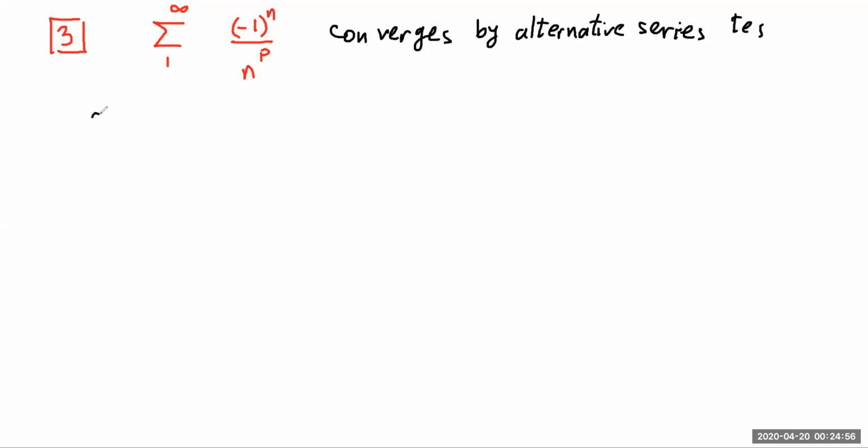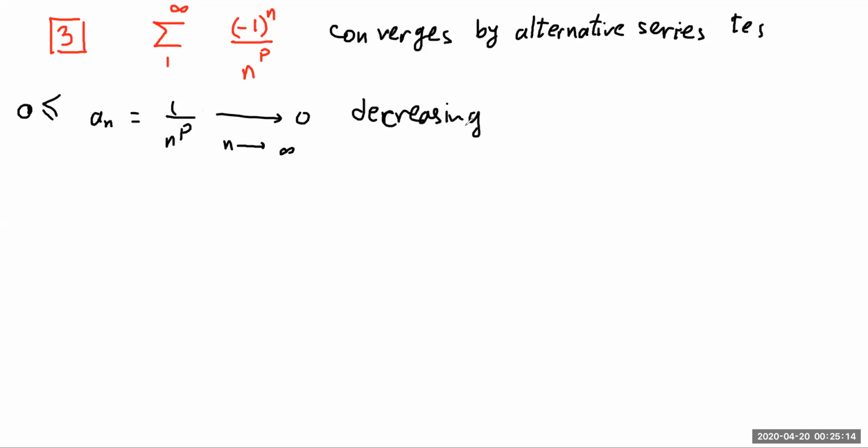Because if I suppose a_n is 1 over n to the power b, this term always approaches 0, it's positive when n goes to infinity, and it's decreasing. So all the conditions are satisfied. So this series converges by the alternating series test.